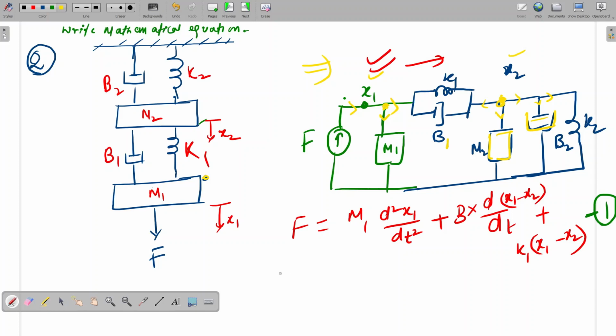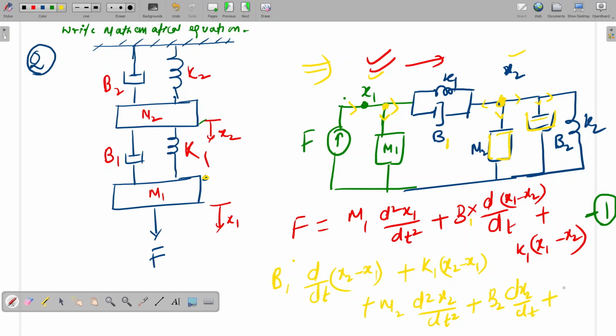So it will be B1 into d by dt of (x2 minus x1) plus k1 (x2 minus x1), plus the third term m2 d square x2 by dt square plus b2 dx2 by dt plus k2 x2, and this should be equal to 0. So this is the second equation.